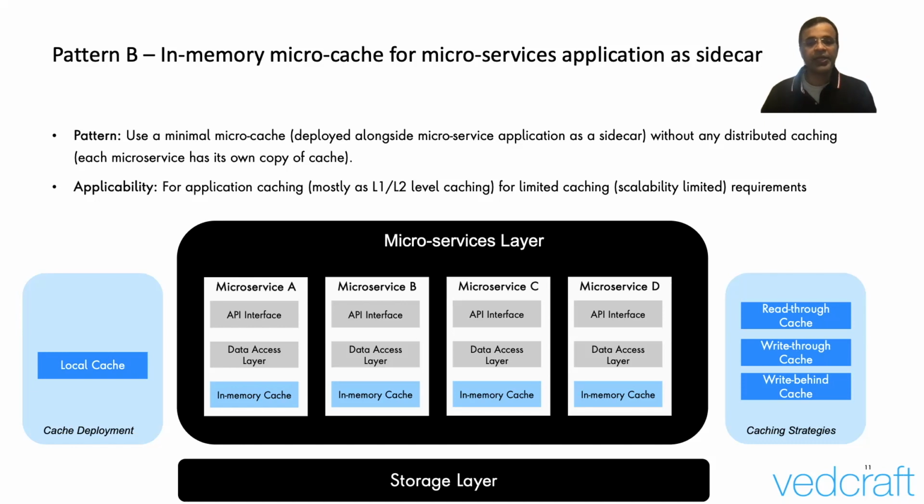This is particularly useful if you want to individually scale and see how you can improve the performance of a particular service. So you can use a small caching component as part of each service, and each service manages its cache effectively, but there is no data sharing between services, or you are not going to get the same level of scalability which you get in the first pattern.